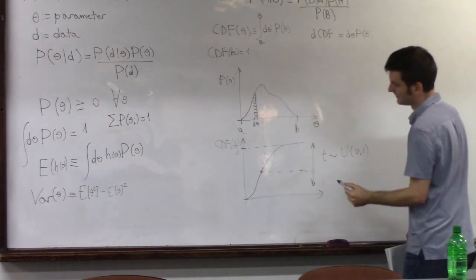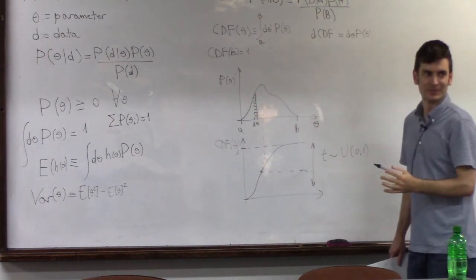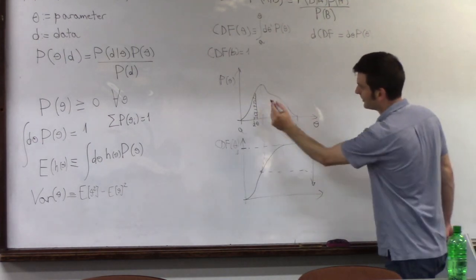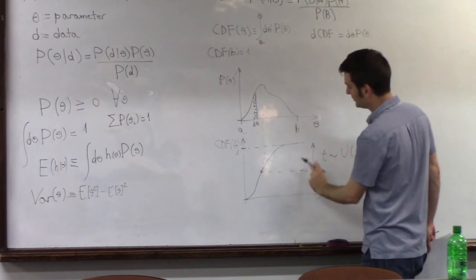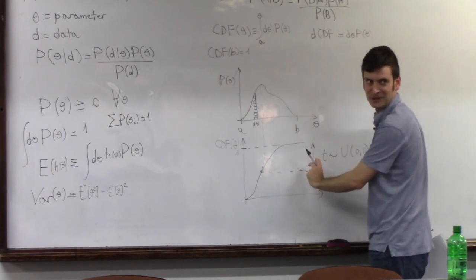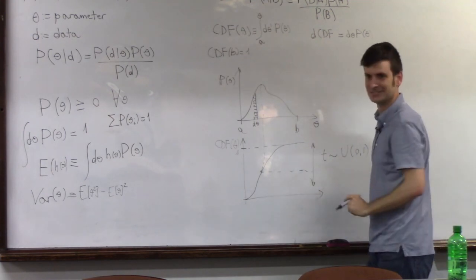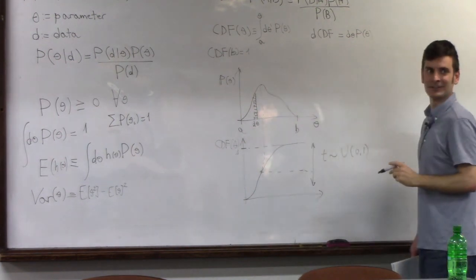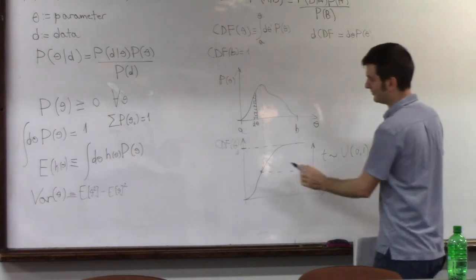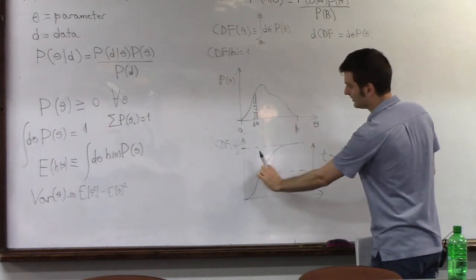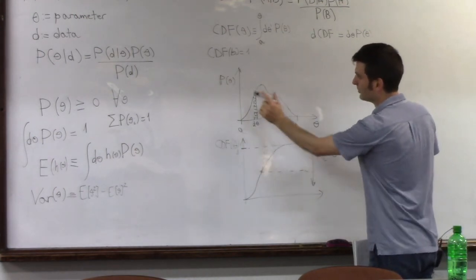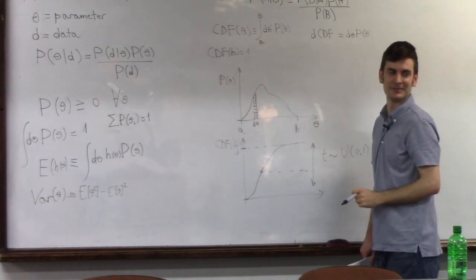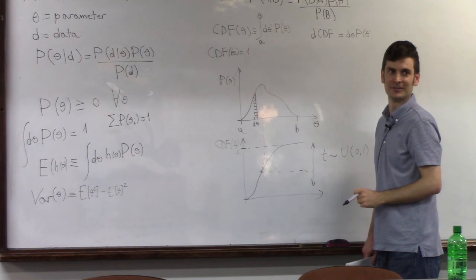And I guess maybe you can see that the area here is proportional to the space down here, which is another way of saying that an infinitesimal in this quantity is equal to the area under this curve.